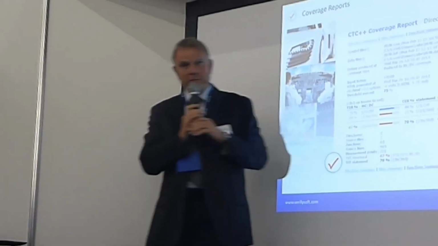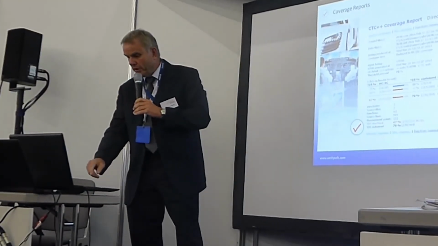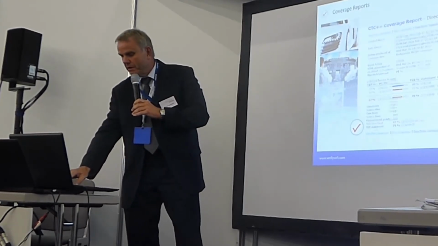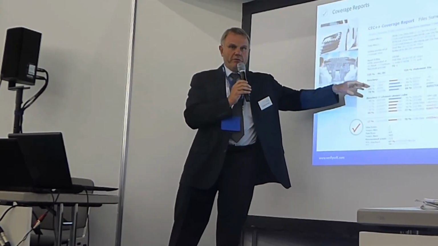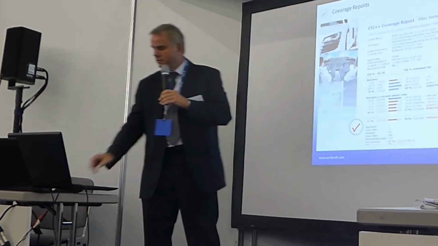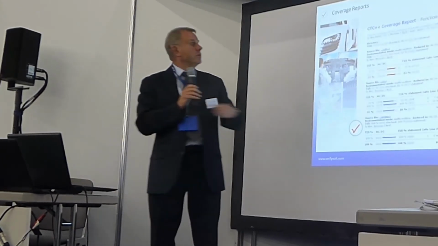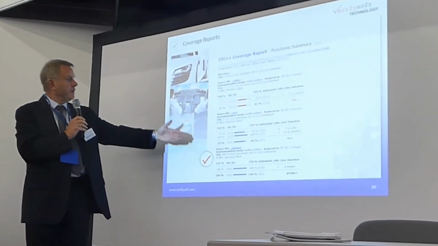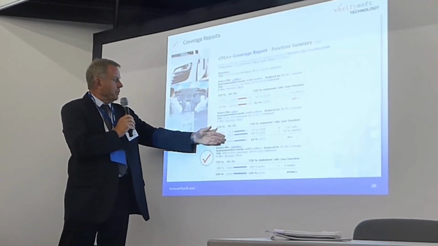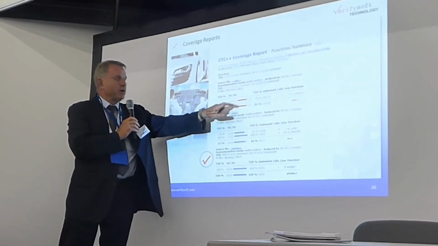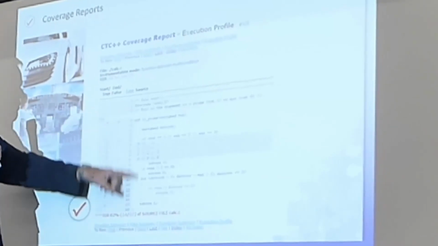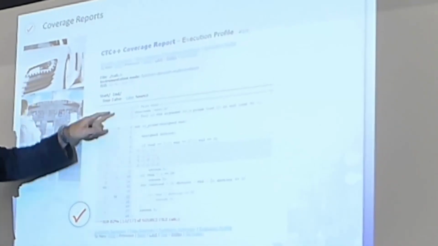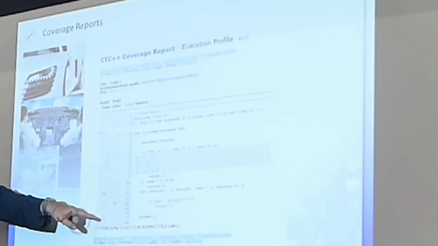When now you click here, you get deeper into the file. So this is the coverage report for the file, and then when you click on the different functions, you get deeper into the functions. This you see here for all functions. And now, if you want to know what is missing here, you can click here, and you get your source code. The white is your source code, and the gray is what Testwell CTC++ has added.